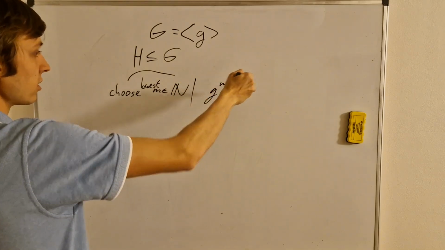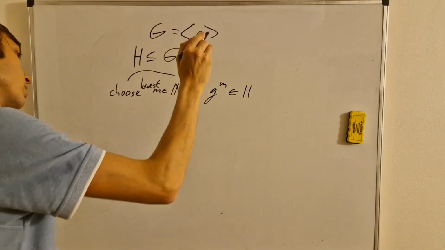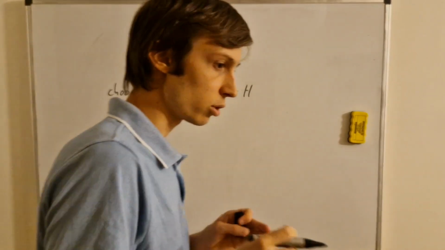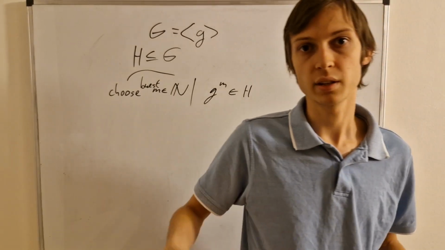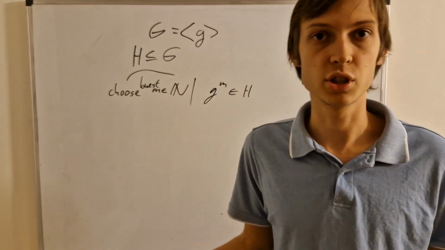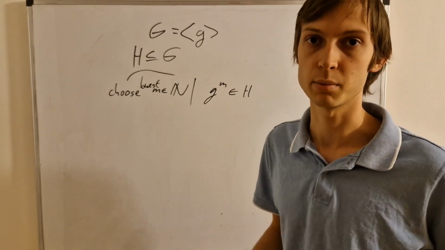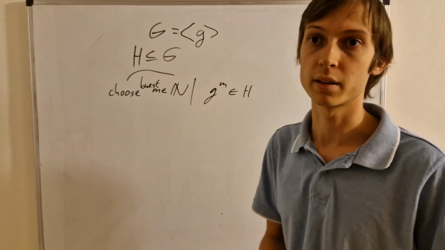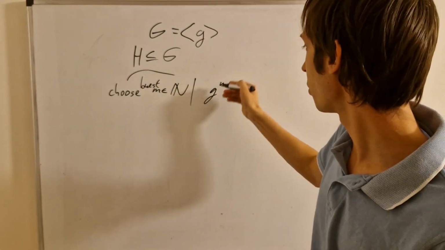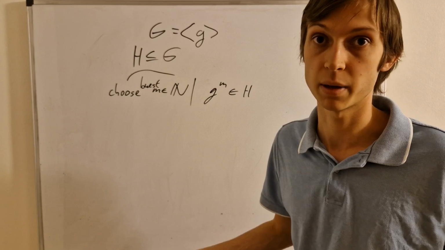Anyway, g to the m is the lowest possible power of g, the same generator of G, such that it's also contained in the subgroup H. If H was the whole group G, then G to the 1, a positive integer power, would definitely be in H, but we said H is not necessarily equal to G. So let's choose this to be the lowest power such that g to the m is already in H. Could be g to the first is not yet in H, but it's in G of course.